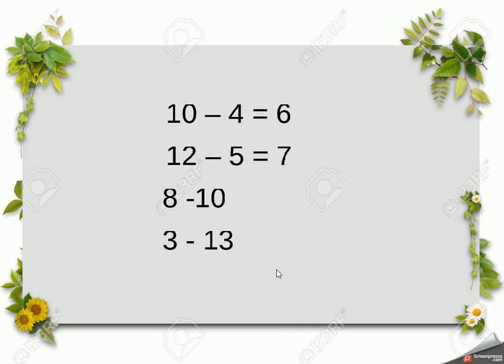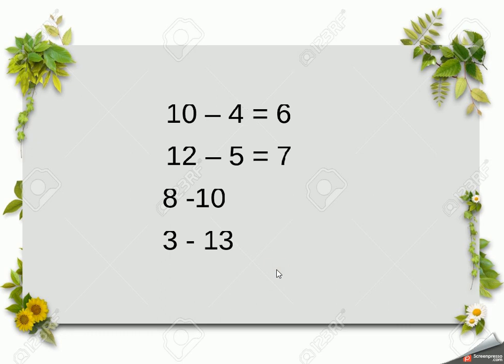The trouble is now we haven't got a bigger number take away a smaller number. We've got 8 take away 10 and 3 take away 13. So we're actually taking a bigger number away from a smaller one. Well, it's actually easier to work this out than you'd expect.